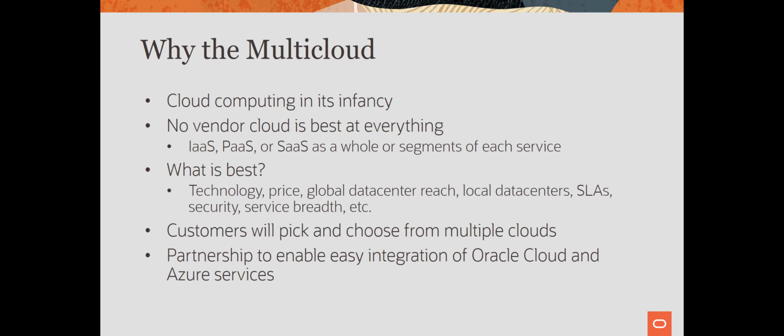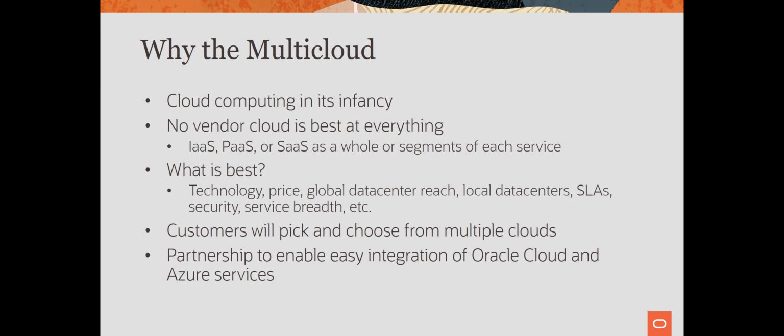Is it just technology? What about price? How about global data center reach, in terms of having a major data center in every country you do business with if you are a multinational corporation? A lot of countries require that data stay within the country, if it's about their citizens or a government application. Most governments don't want their information held in another country, because that's important for their own national security.